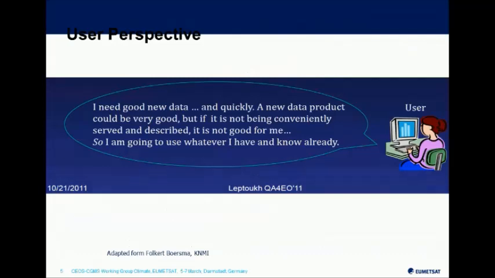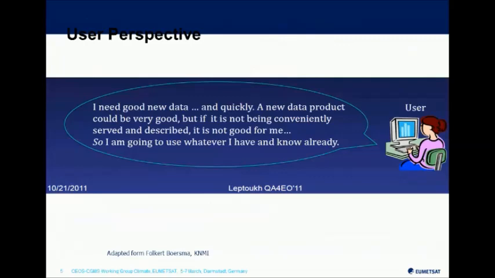Another motivation is the user perspective. The user needs some new good data, and they found the data. A data product could be very good, but if it is not convenient to use, and if it is not described properly, then it is not good for me.